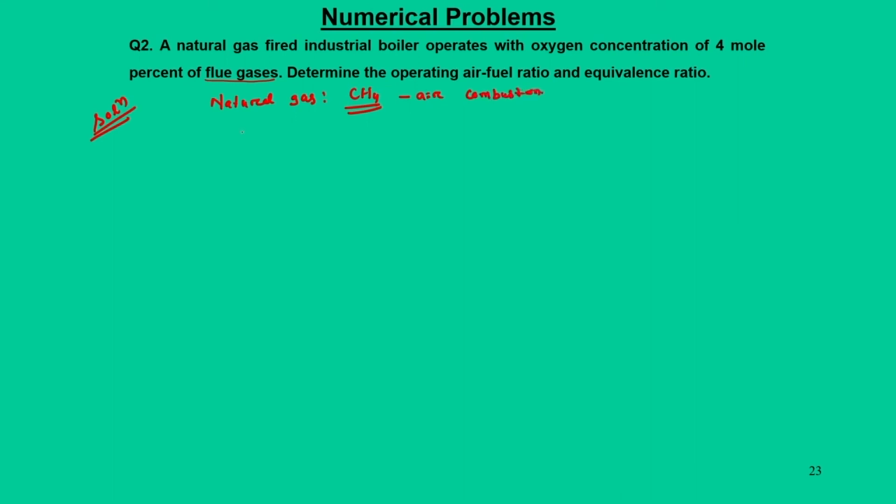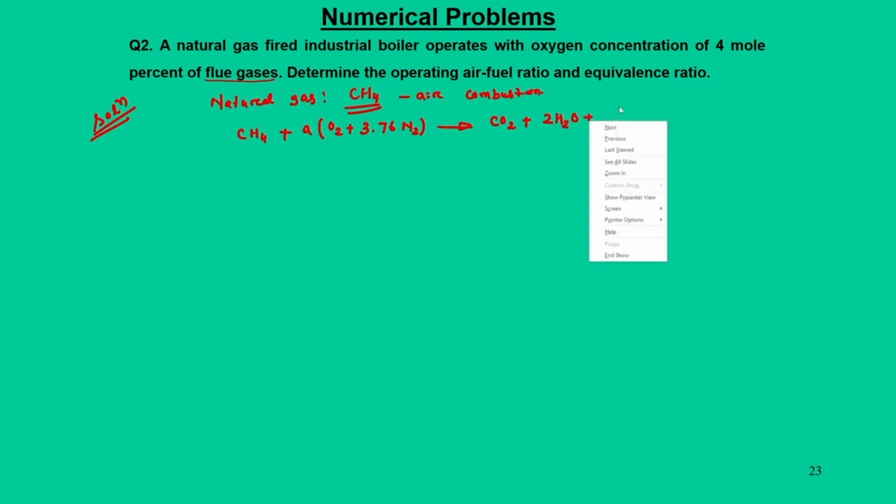So, you can write this equation as CH4 plus A times (O2 plus 3.76 N2) gives CO2 plus 2 H2O plus B O2 plus 3.76 A N2, and these are your flue gases.